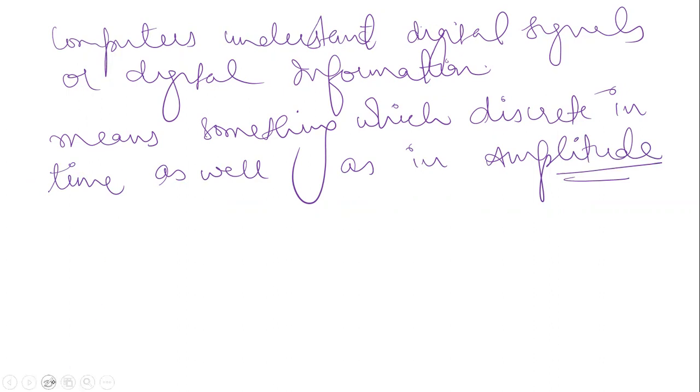So this was a problem which was associated with DTFT, discrete time Fourier transform.